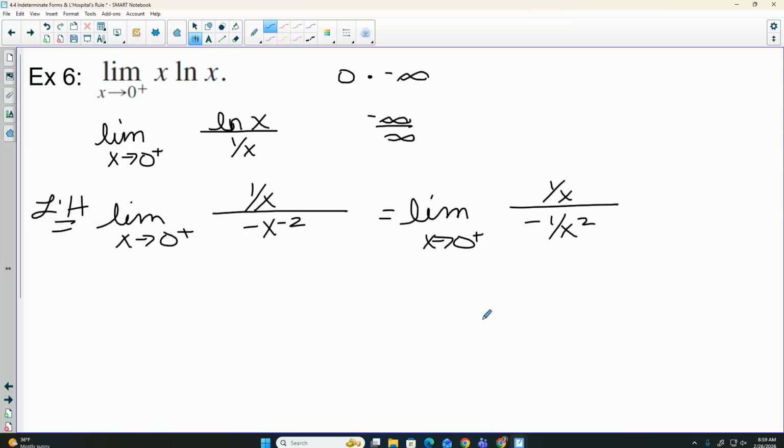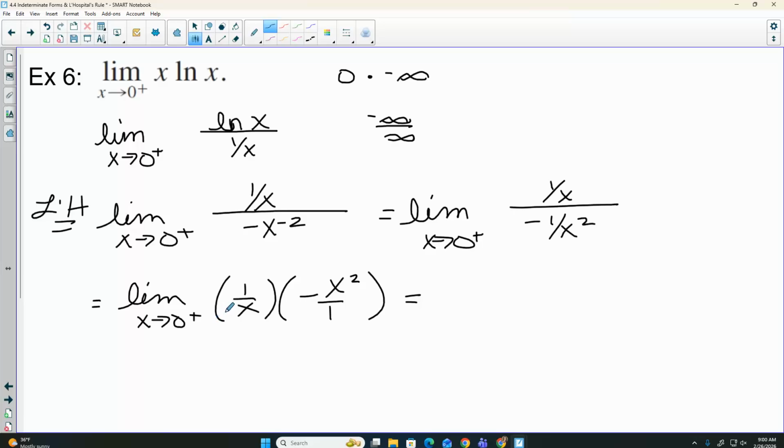What would you do here? We clean this up. We have 1 over x times negative x squared over 1. So we can cancel an x, so that's the limit as x approaches 0 from the right of negative x, which will just give me 0.